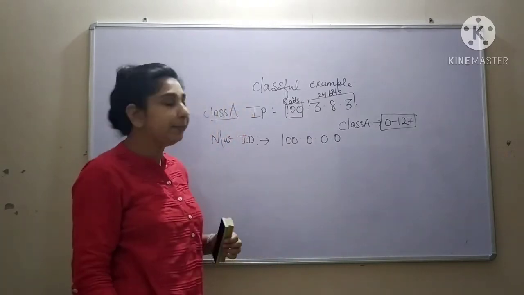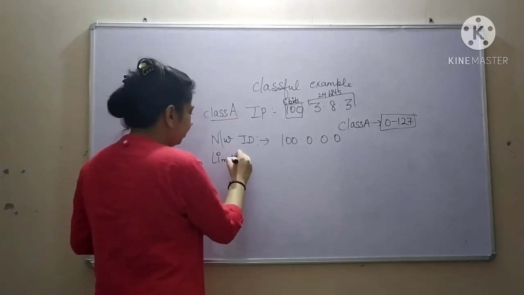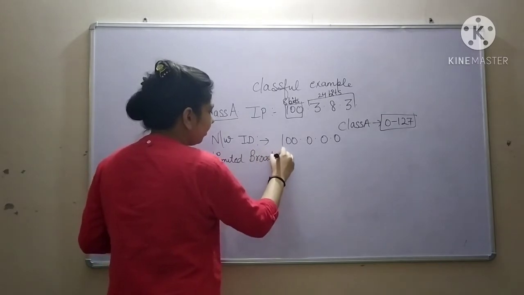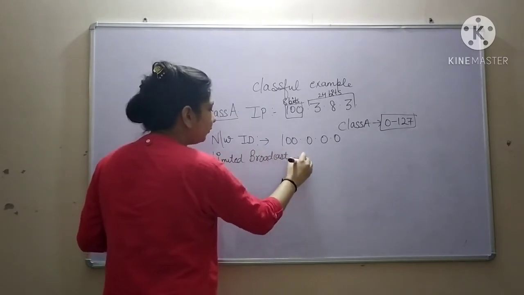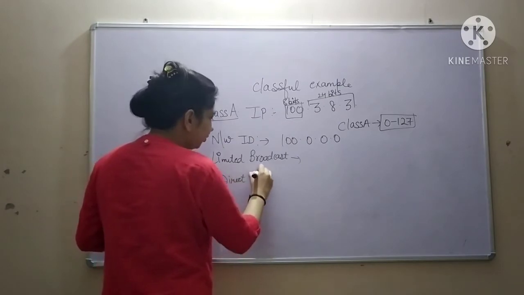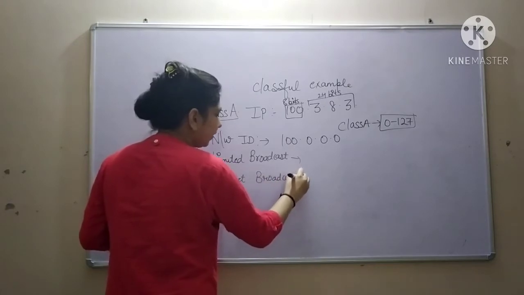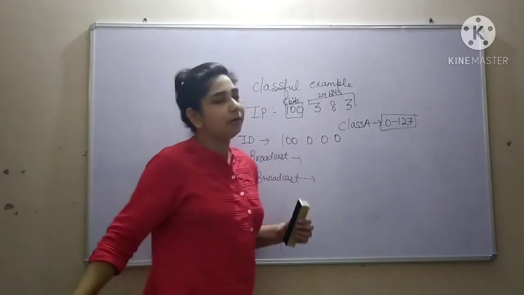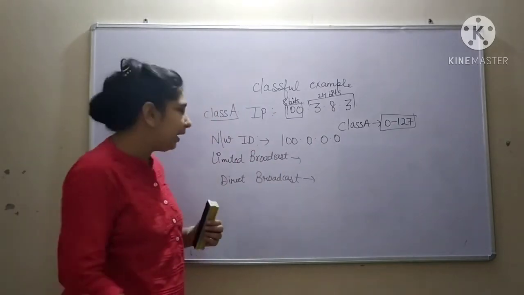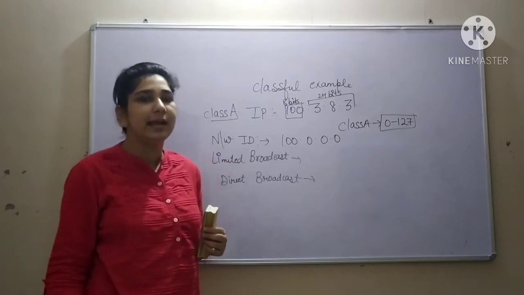Next we have to find the limited broadcast address and the direct broadcast address. Before finding them, let me tell you the difference between limited and direct broadcast address.